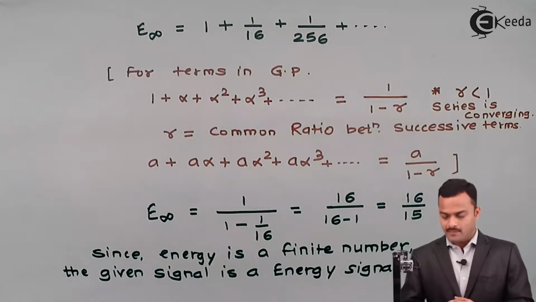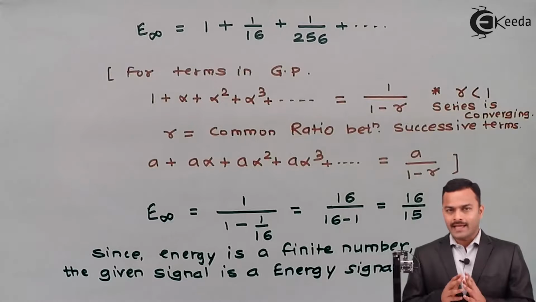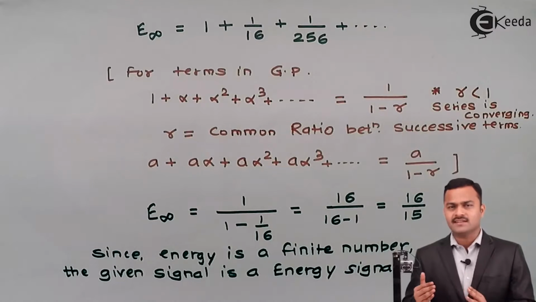Let's take an example: I have a series like this, 1 plus 2 plus 4 plus 8. It is ever increasing. Since the common ratio is the same, but that common ratio is 2, which is more than 1, the series will never converge. It keeps on increasing.